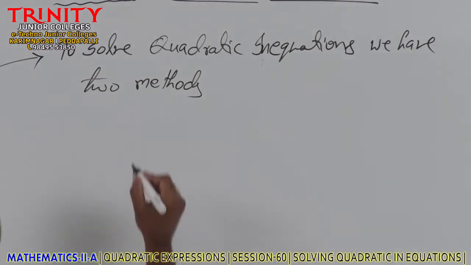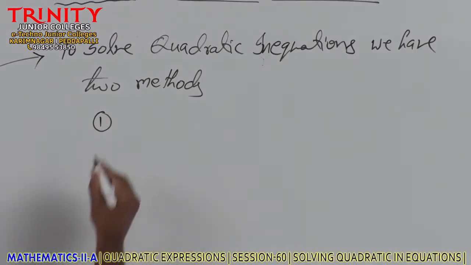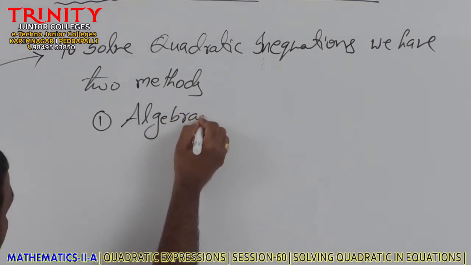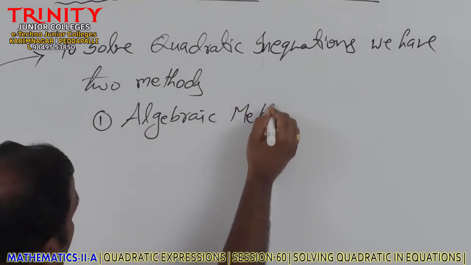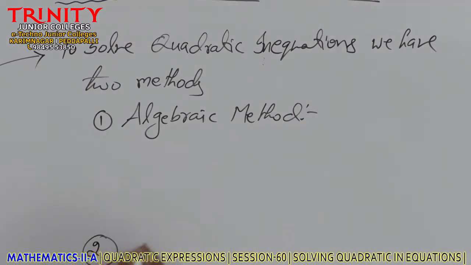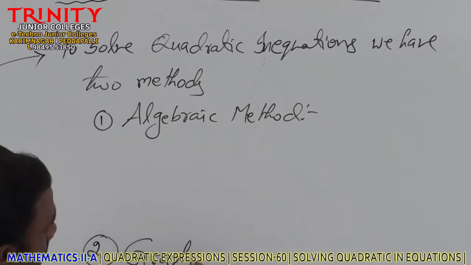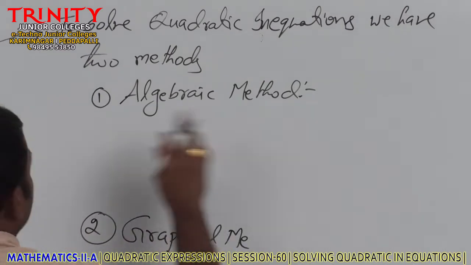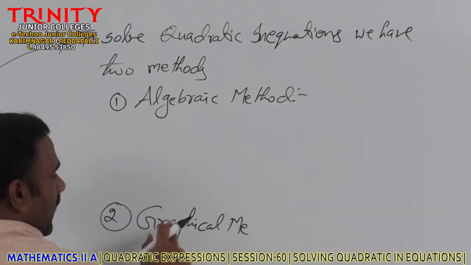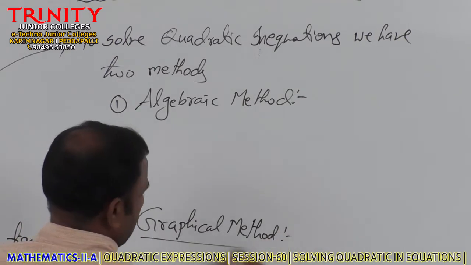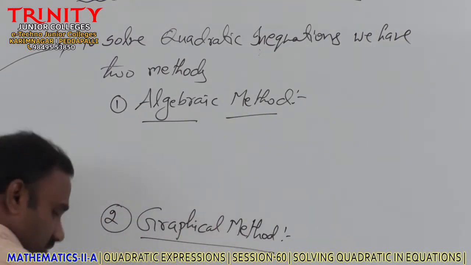One is the algebraic method, and the second one is the graphical method. Algebraic method of solving the quadratic inequation and graphical method to solve the quadratic inequation.